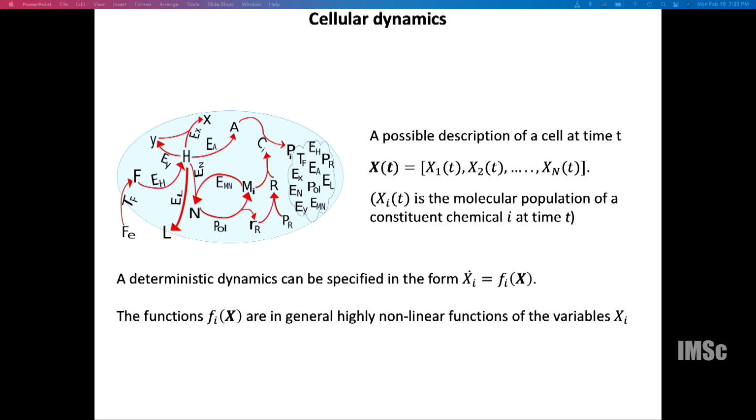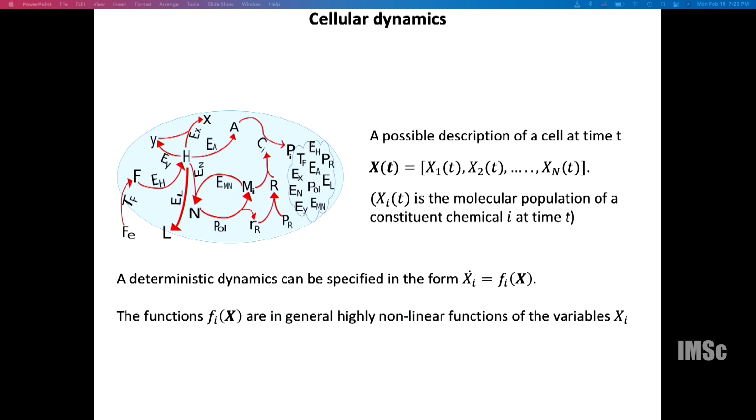Let's say that the cell consists of n chemicals, whose populations are going to be given by capital X1, capital X2, and so on, and these are functions of time. So basically the amount of all the chemicals, n of them, is 1,000, a few thousand chemicals.